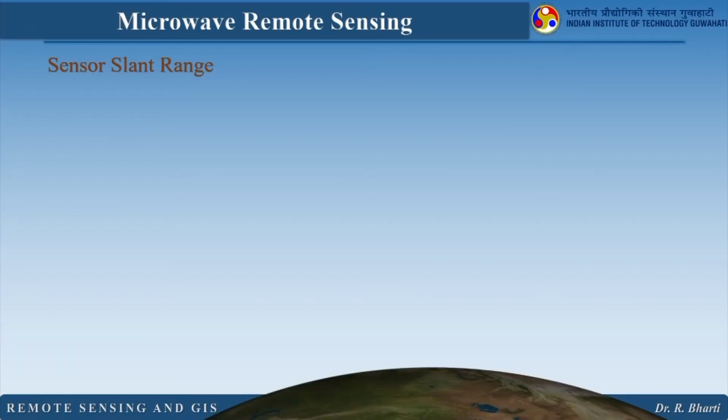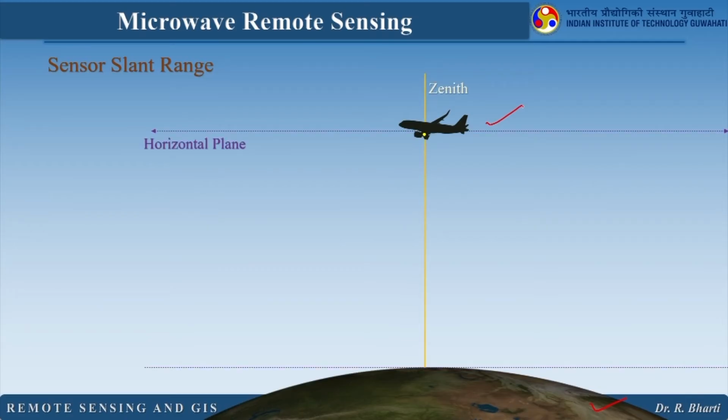Now the next point is sensor slant range. For that I would like to use this animation. Here this is basically your surface and you have a sensor located here, right, and you can easily draw the horizontal plane along which your flight is moving, assuming there is no sudden change in altitude.